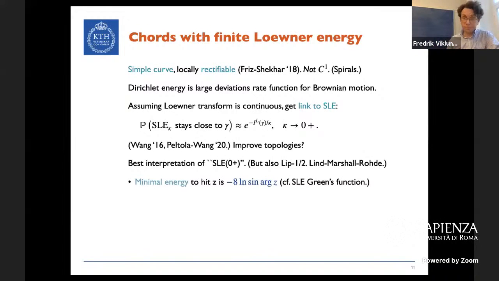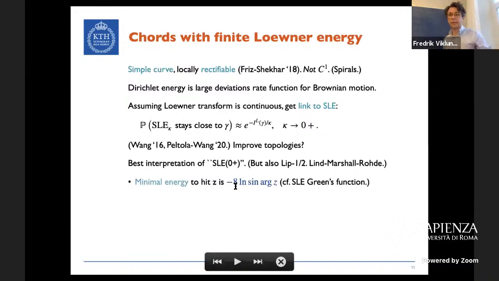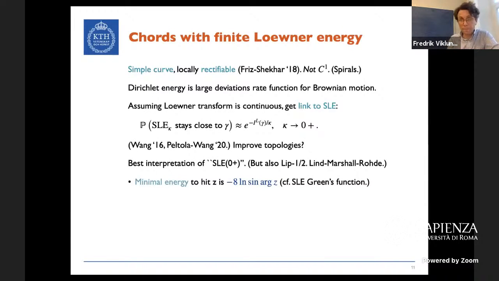At least heuristically, given such a large deviation result, if you loosely exchange a few limits, you could predict that the minimal energy needed for a chord to pass through a given point in the upper half plane is computed like this. That's basically taking a logarithm of the Green's function, renormalizing, and passing to the limit. This can also be proved directly. So this also gives you some intuition. You can also see from this why you cannot allow logarithmic spirals. This would give infinite energy.